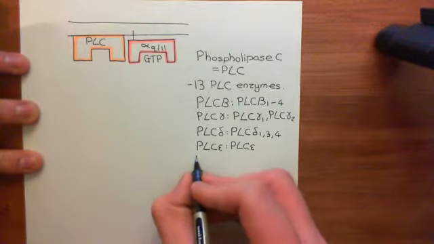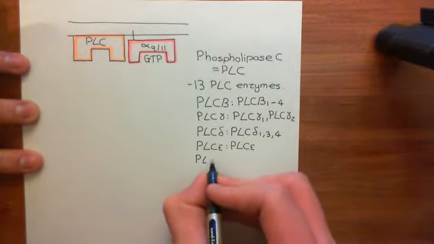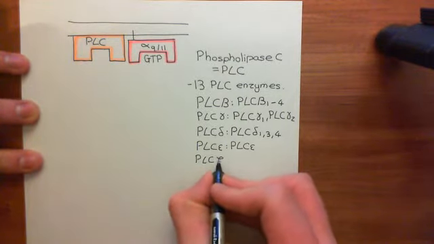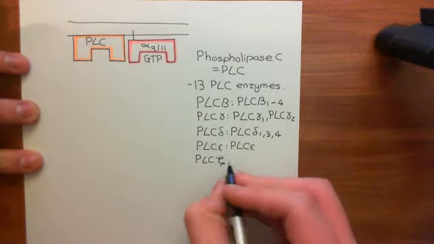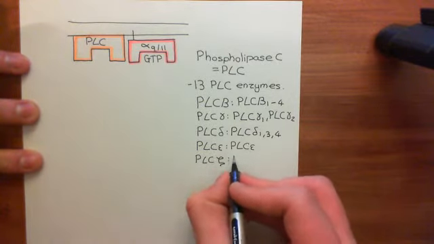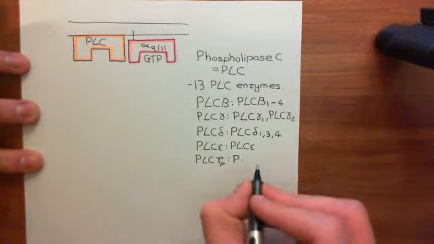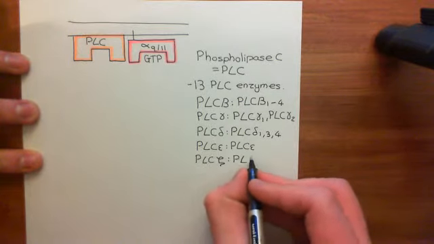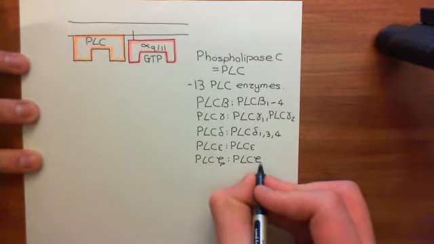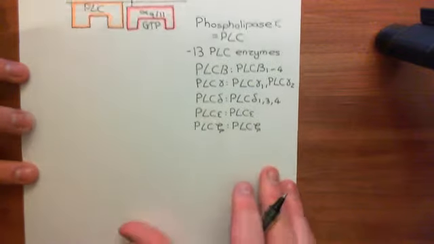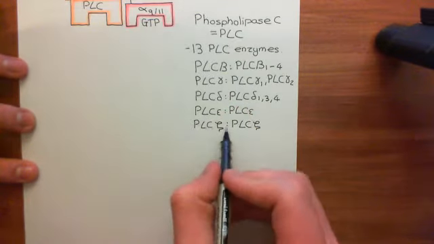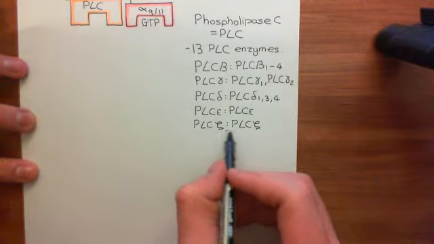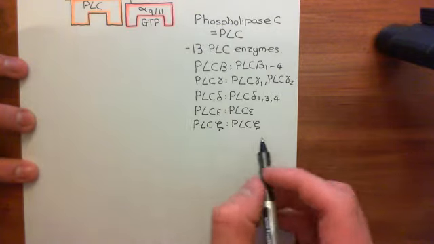Next family, there is the phospholipase C zeta family, so we're getting more and more tacky Greek letters now, and the only enzyme within the phospholipase C zeta family is phospholipase C zeta. Okay, that's the Greek letter that's used for the famous zeta function in mathematics, which has to do with the distribution of the prime numbers.